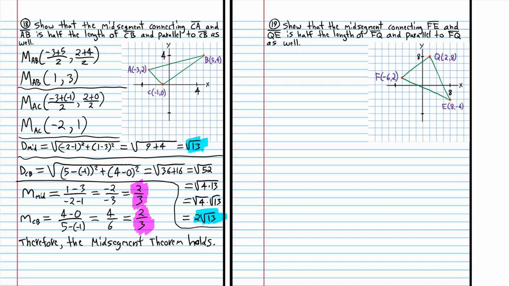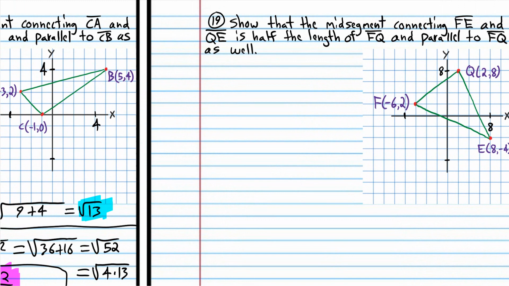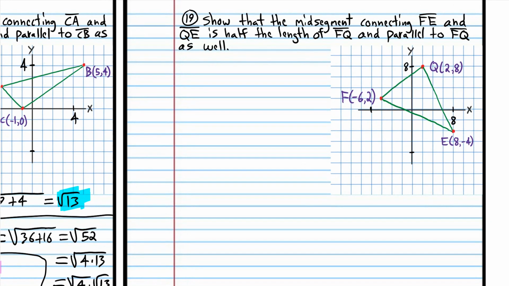All right, we're back. So first we're going to find the midpoint of, let's see, FE and QE. So we're going to find the midpoint of FE. And that is 1 and -1.